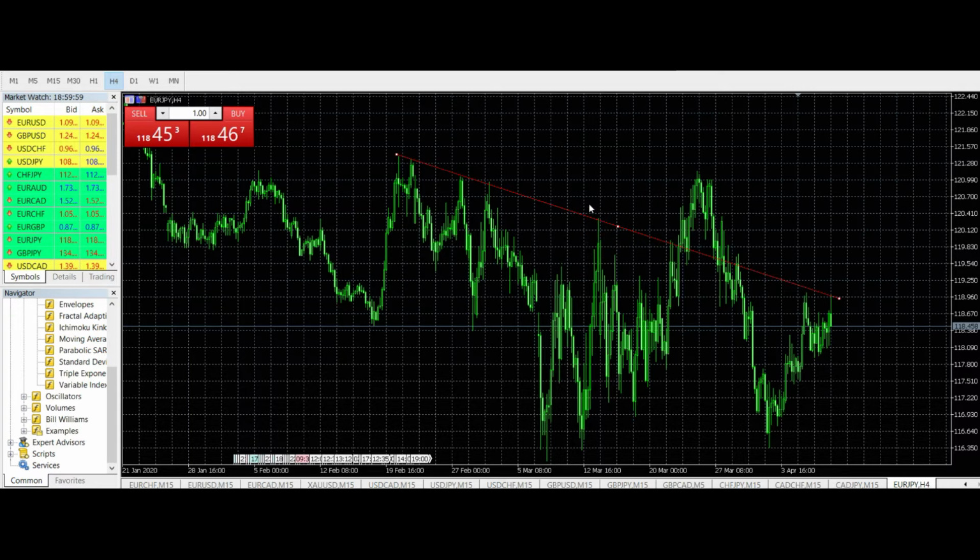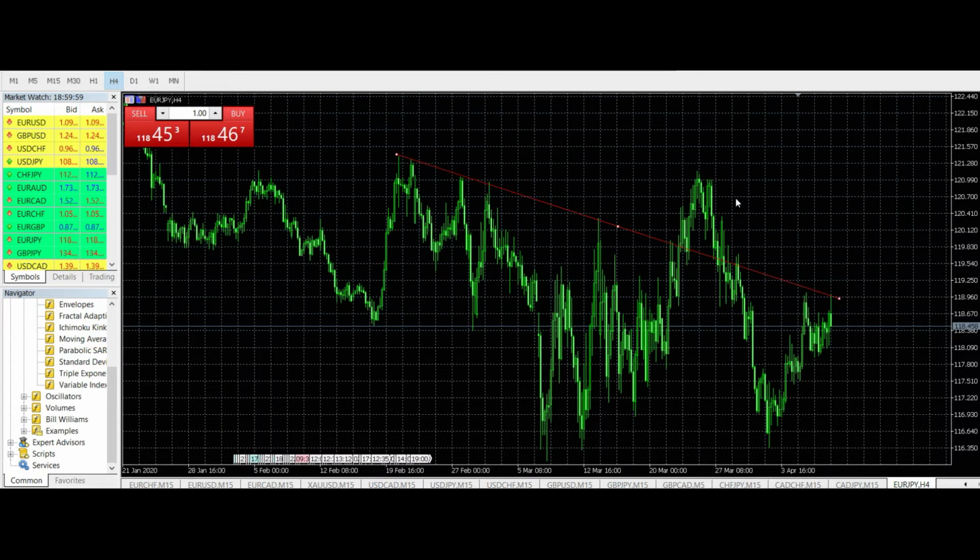The shadows of the candles are these little lines that go above and below the candles. So here the price has tested the resistance line many times, and always the price has gone down. Price goes up, resistance line, goes down, up, resistance line, goes down, and so on many times.